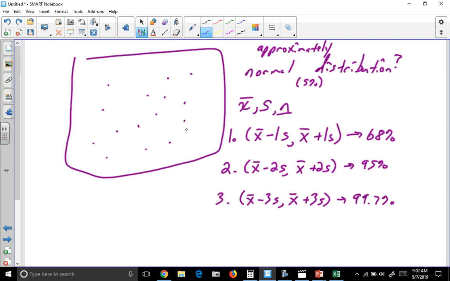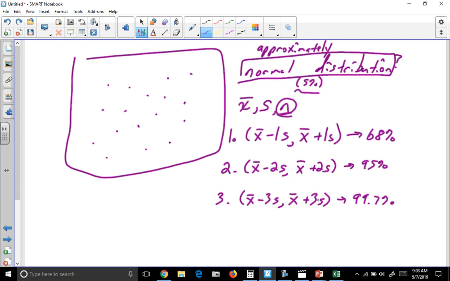So again, we're counting how many pieces of data are in that interval. We divide that by the sample size and see, is that about 99.7% within a little bit of error? And if it meets all three of those, then we would say, yes, it is a normal distribution.